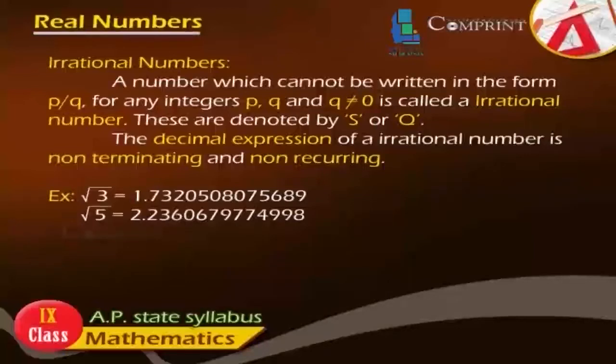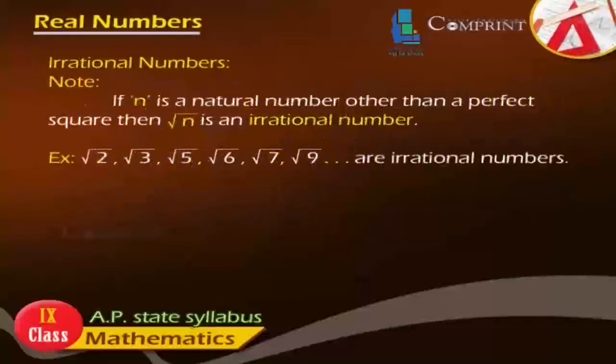That means it is non-recurring. Note, if n is a natural number other than a perfect square, then root n is an irrational number. Example, root 2, root 3, root 5, root 6, root 7, root 9 and so on are irrational numbers.